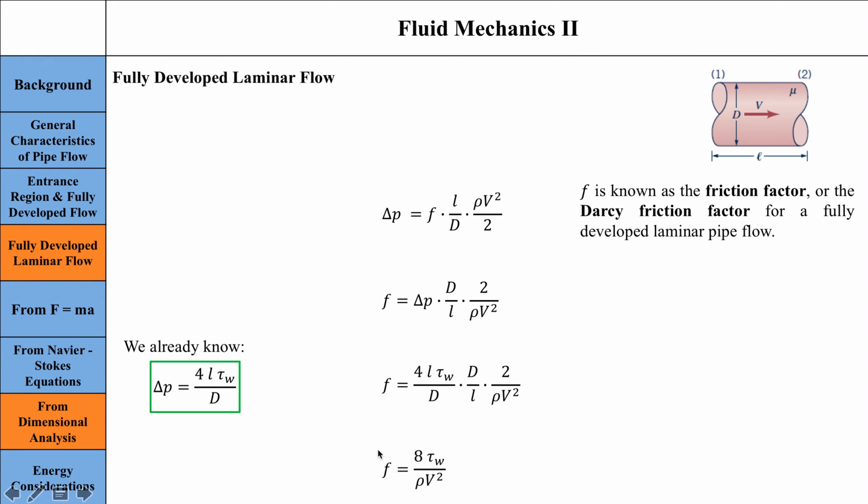The friction factor just predicts the energy loss within the pipe. And the energy loss within our pipe occurs because of the viscosity of the fluid. Because the fluid is viscous, we have layers of fluid interacting with each other here.